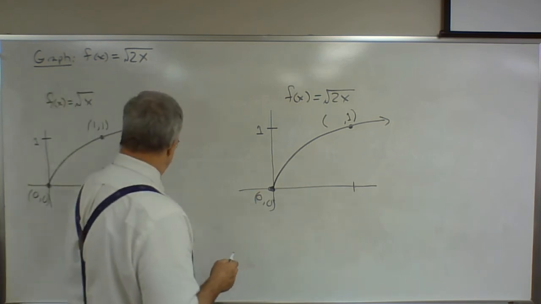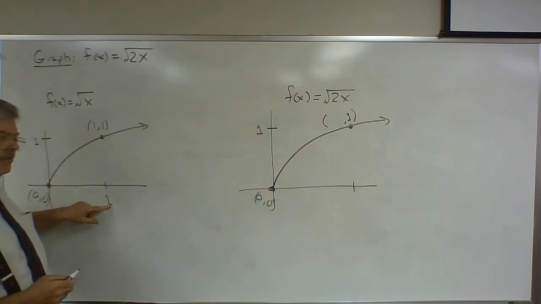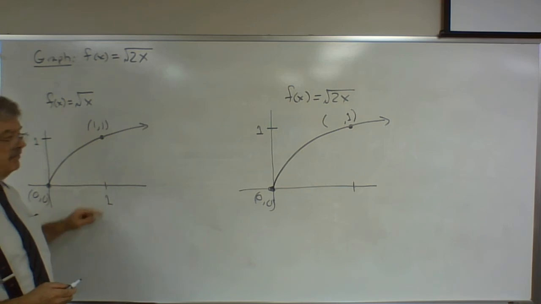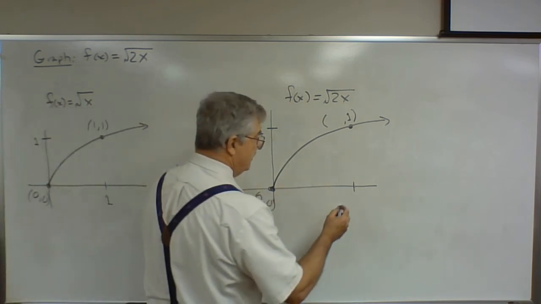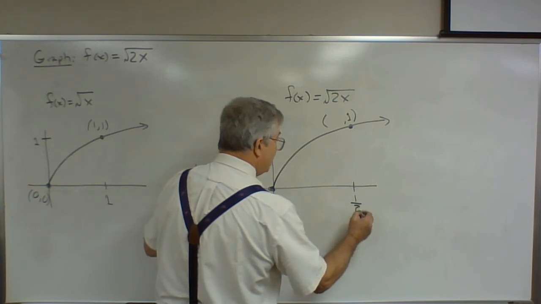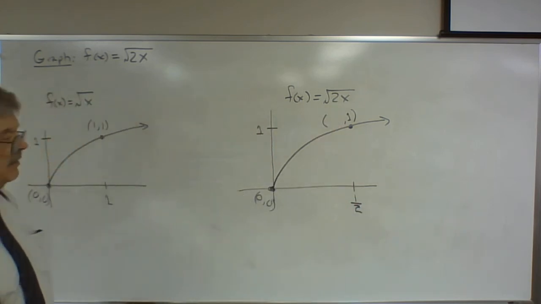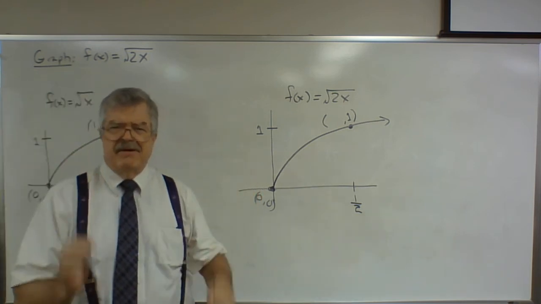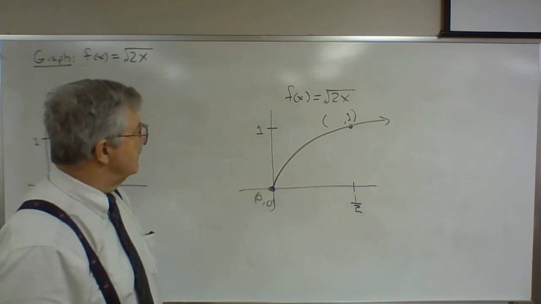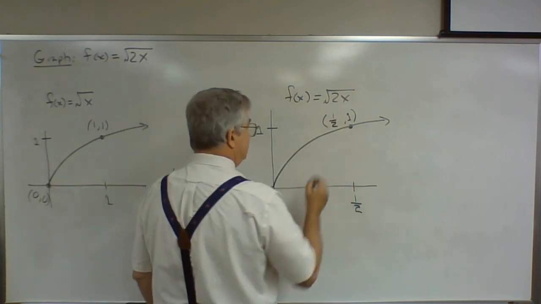So I'm guessing that since the x coordinate here is 1 on the original graph, the x coordinate on our variation is going to be 1 over 2 times 1. In other words, we've compressed it by a factor of 1/2. I'm guessing that's how it works.